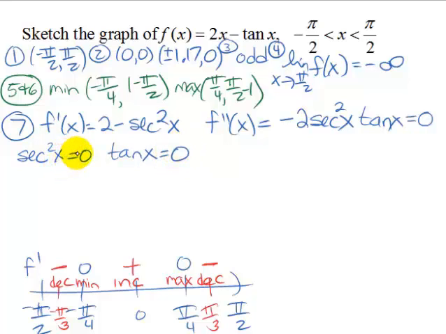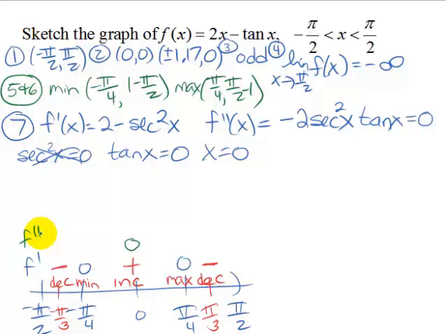And secant squared x won't be 0. But looking at tangent, which is sine over cosine, we can see that that's going to be 0 when x equals 0. I'm going to put that down here in green. So at 0, we're going to have a second derivative equaling 0.